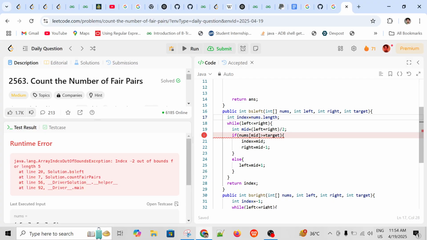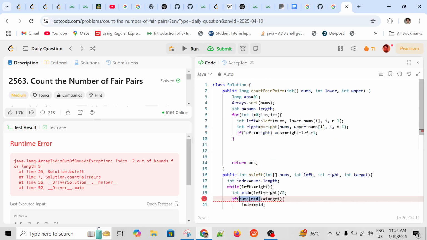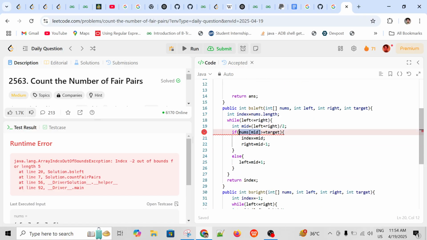Okay, something went wrong. If nums of mid is greater or equal to, if the number is greater, because we have to find out the number is greater, then we will move right and left equal to mid plus 1. I guess it is right. Let's see. Sorry, this will be the left.